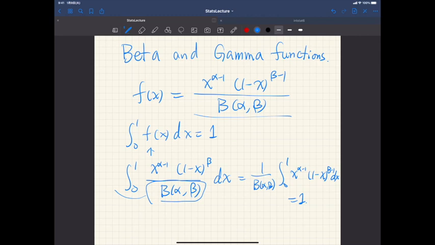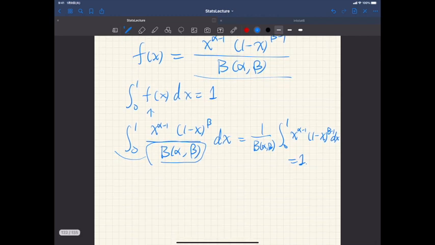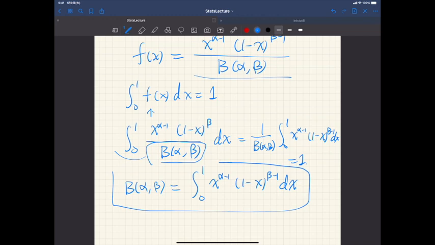So from this, we can see that this beta function is actually defined by this integral, x^(α-1)(1-x)^(β-1). So you can consider this as the definition of the beta function.